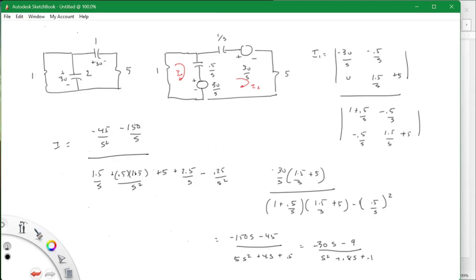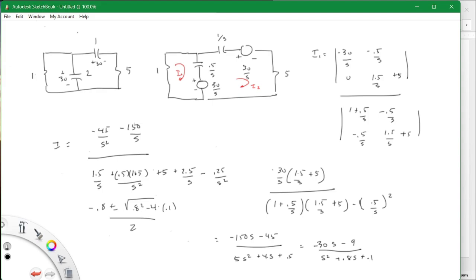Minus b, minus 0.8 plus or minus square root of b squared, 0.8 squared, minus 4 times a times 0.1, all over 2a or 2. 0.8 squared is 0.64. 0.64 minus 0.4 is equal to what? 6 over 25, that's 0.24.